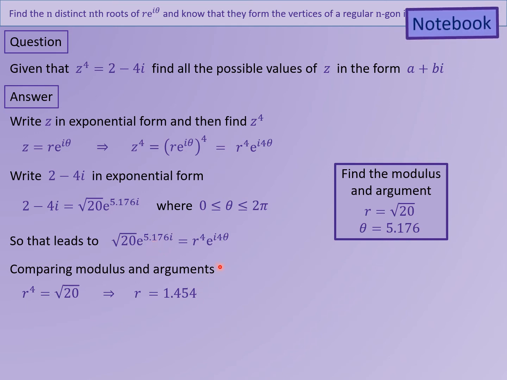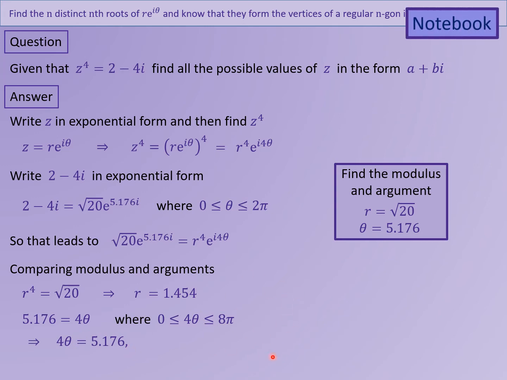The theta value, I need to be very careful. 5.176 is equal to 4 theta. So I've got one answer which I definitely know, which is just going to be 5.176.